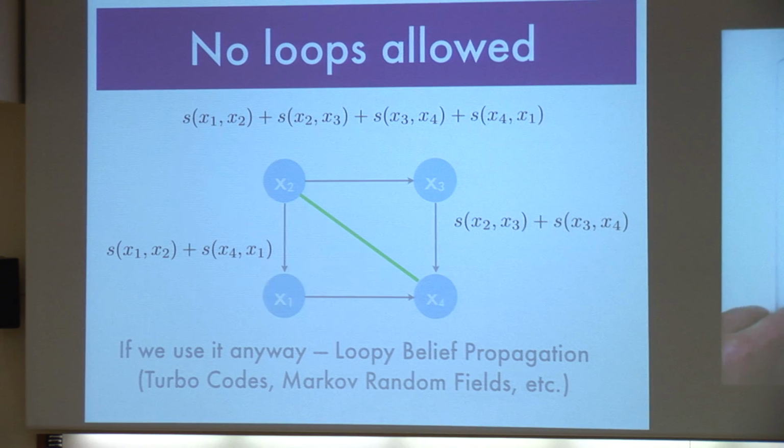So we have those variables, 1, 2, 3, 4. We have a simple ring. I can turn this into something that looks as follows. I have 1, 4, 3.